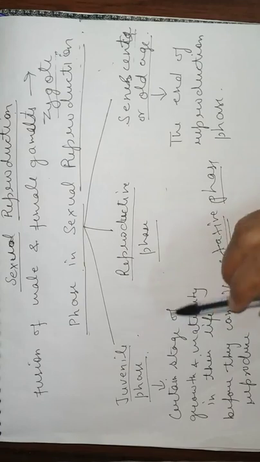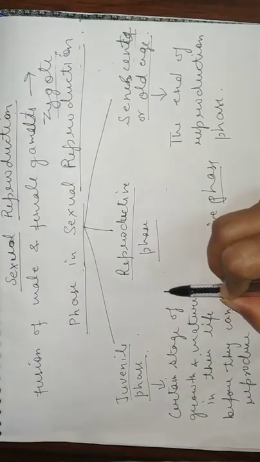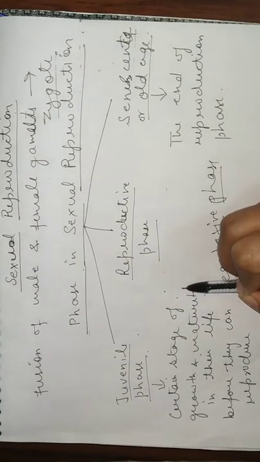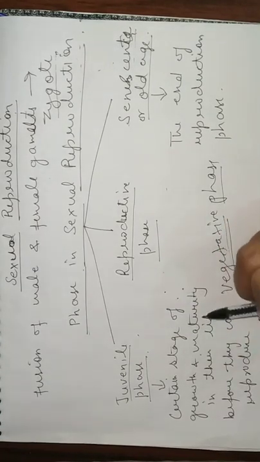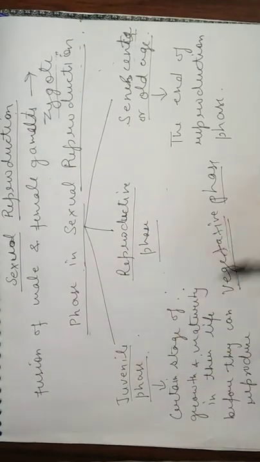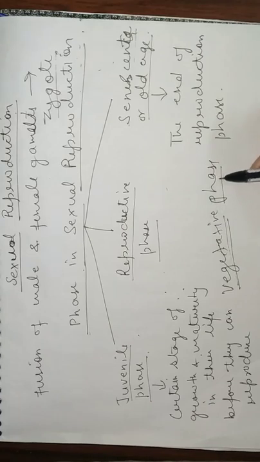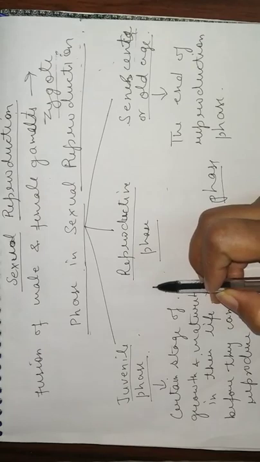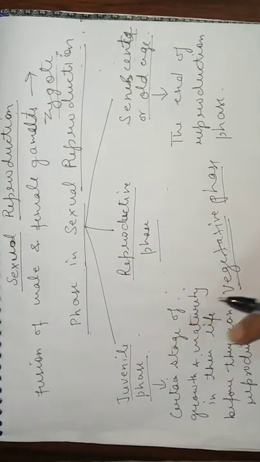All organisms have to reach a certain stage of growth and maturity in their life before they can reproduce sexually. That period of growth is called the juvenile phase or vegetative phase. The time of these phases is different in different organisms.